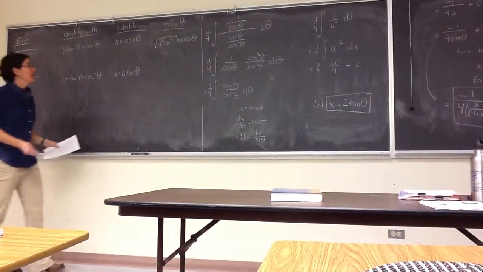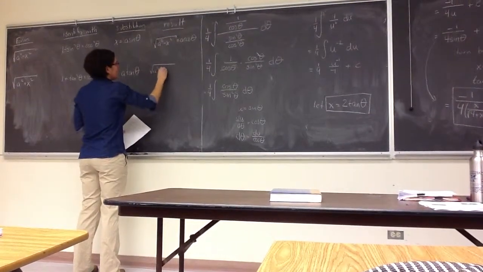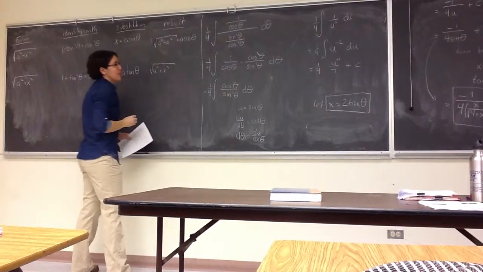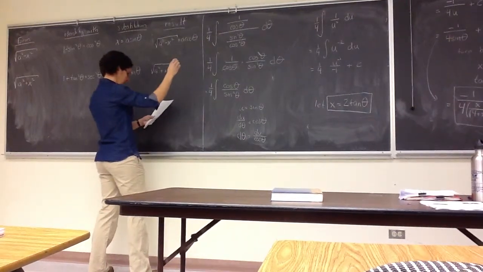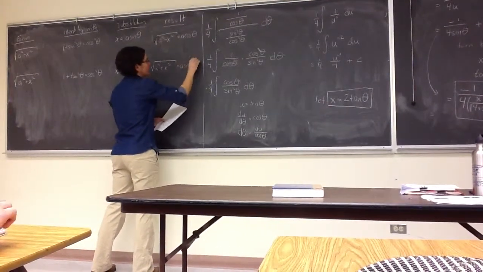All right, so our result up here was that the square root of a squared plus x squared ended up being, let's see, what did that guy end up being? It ended up being a secant theta.